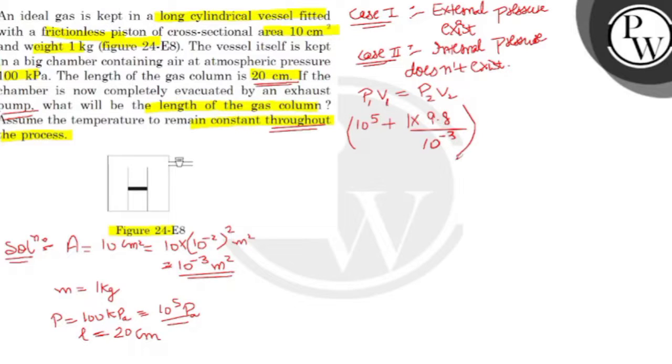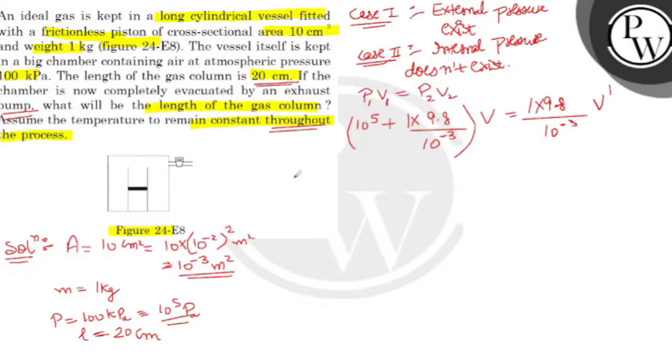Rho is mass over area, and we multiply this by volume. Simply we have put the value of rho. And pressure P2, external pressure does not exist, so 10 power 5 is not here, only this one is here: 1 into 9.8 divided by 10 power minus 3 into V dash.